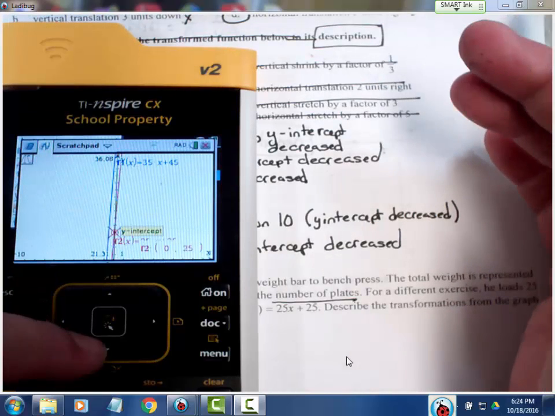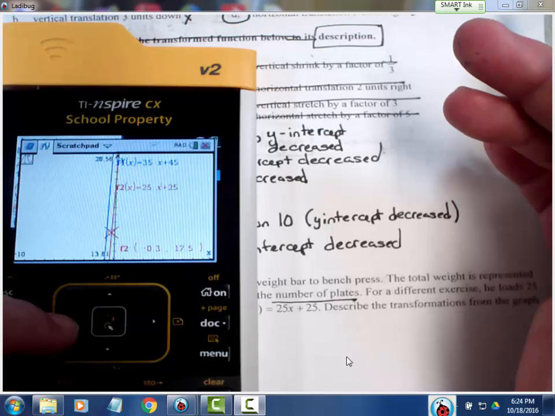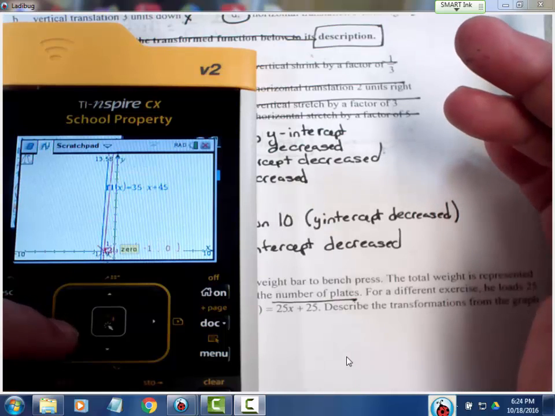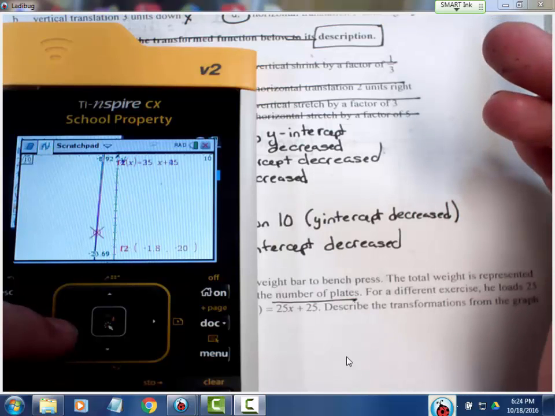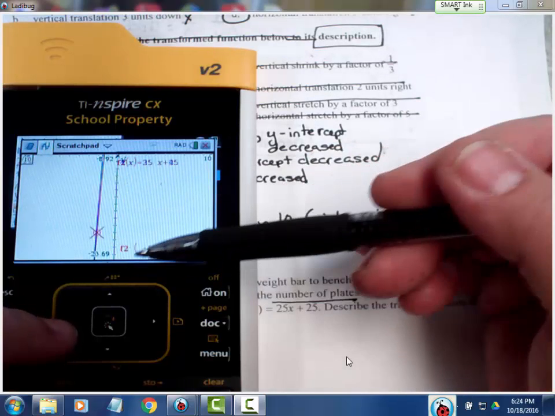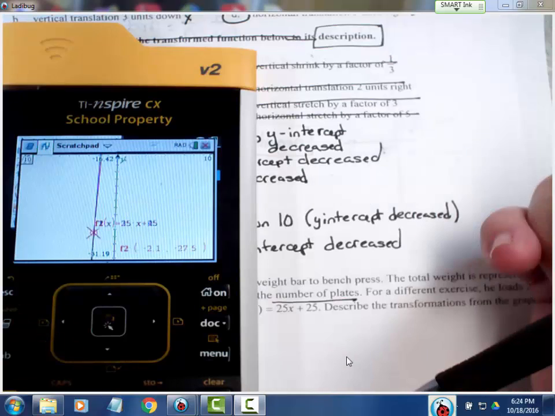Okay, and if we keep tracing back down, we're going to come to a place right where the lines cross over each other, and you can kind of see that here they're starting to cross, and then down there.